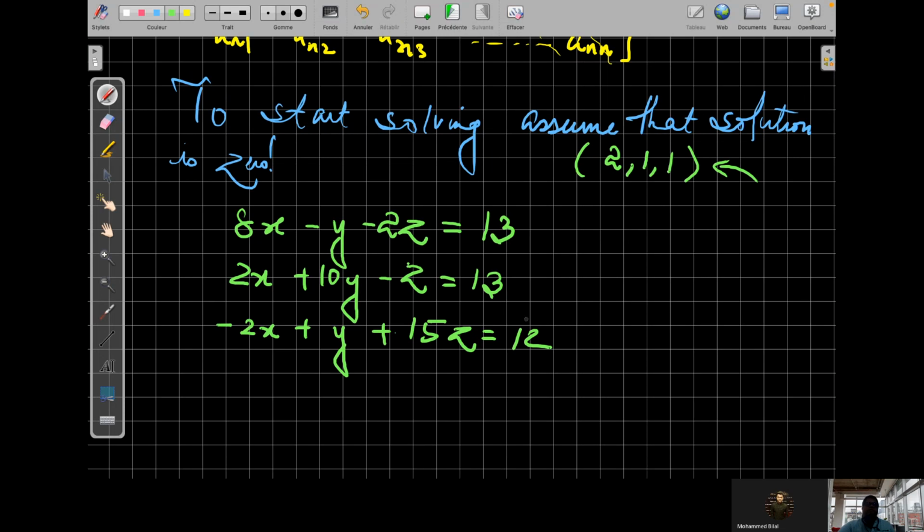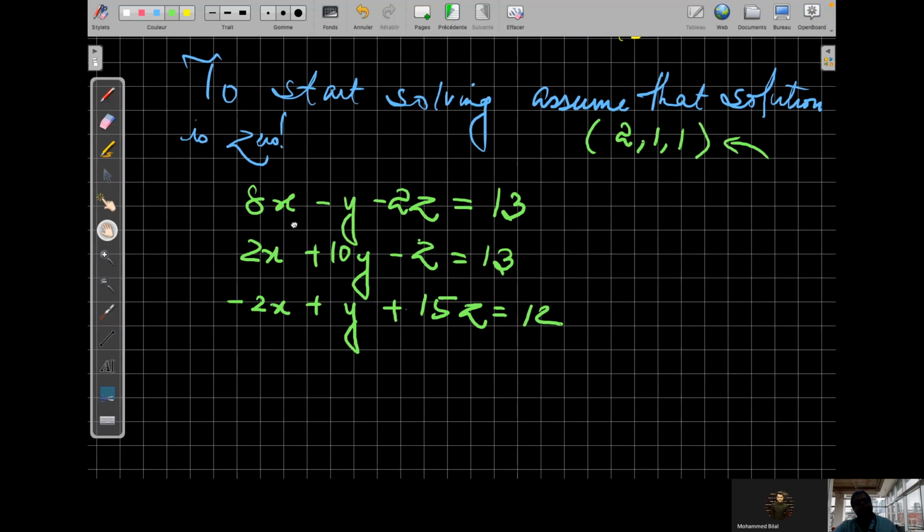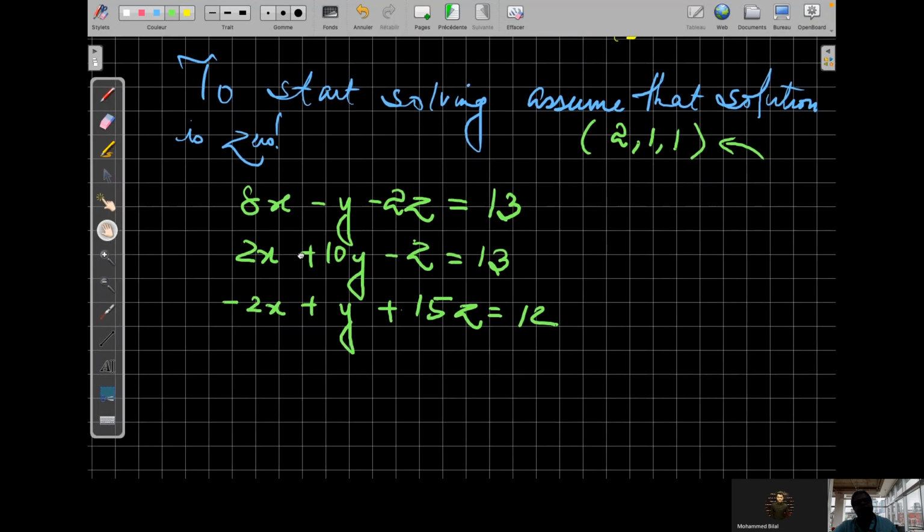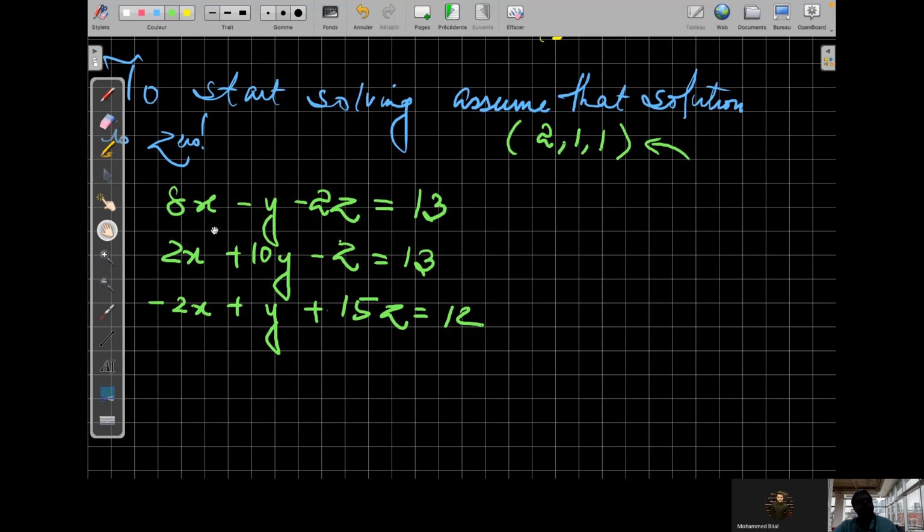So let this be the system of equations, and I am going to write the alternative form of these equations, because if I don't do that, then I cannot solve. So what will be the alternative form of this equation? The alternative form will be x equals 1 upon 8.